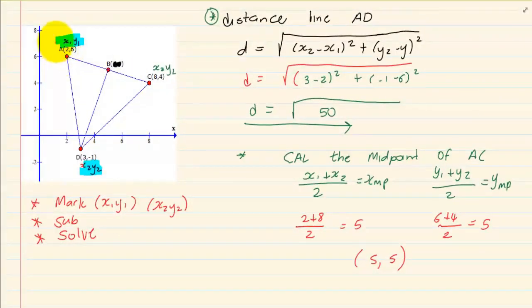Let's continue. Right. Using the same drawing, the next question would be get the M of AC. Now, the coordinates of A is 2 and 6 and C is 8 and 4. We've already marked it. So what formula are we going to use?